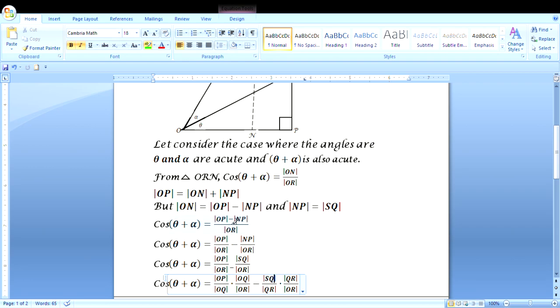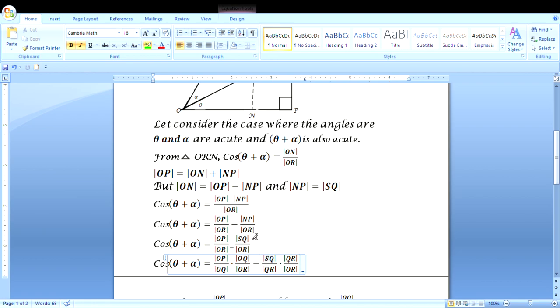Then we can simplify this as the line OP divided by the line OR, minus the line NP over the line OR, using the common denominator. But the line NP here is also SQ, so we replace NP with the line SQ, so that cos theta plus alpha is equal to line OP divided by line OR minus line SQ over line OR.